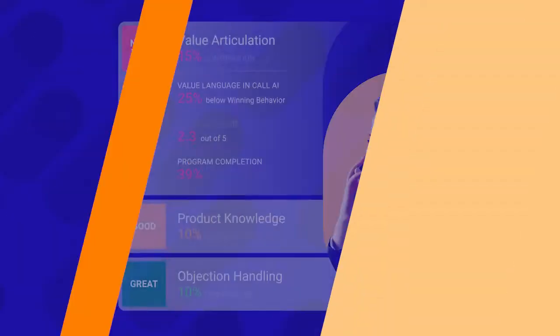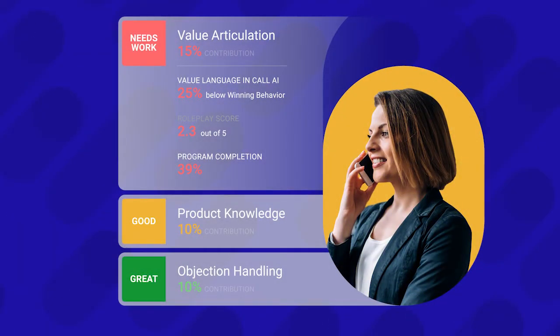Like an ICP includes characteristics that make a customer ideal, an IRP defines the skills and competencies a rep must have to regularly close deals and meet or even surpass quota.